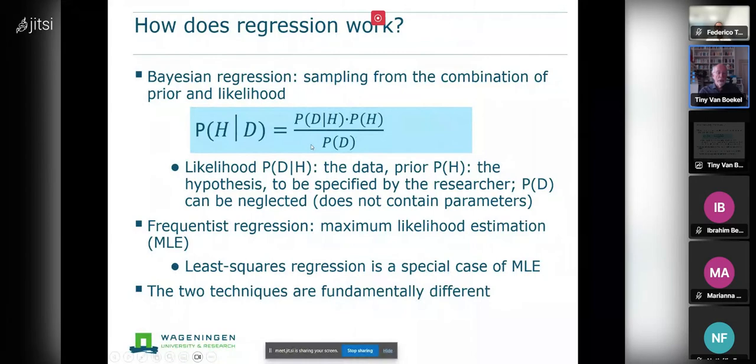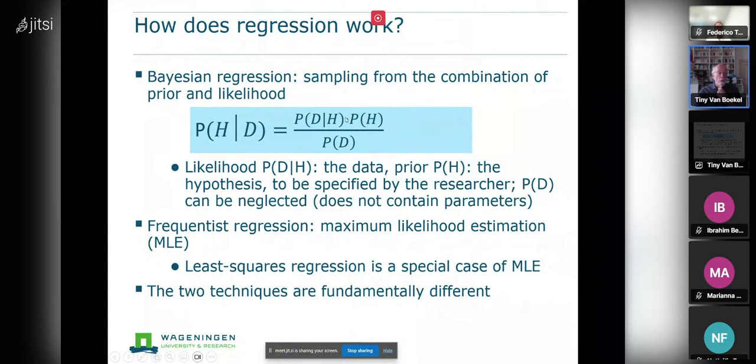The denominator here, the probability for all the data, is something that we can neglect because this sums up everything and it is just a number. I'll come back to that later, but for the moment, we can forget about this factor. So the most important parts that researchers need to specify are the likelihood function and the prior distribution.